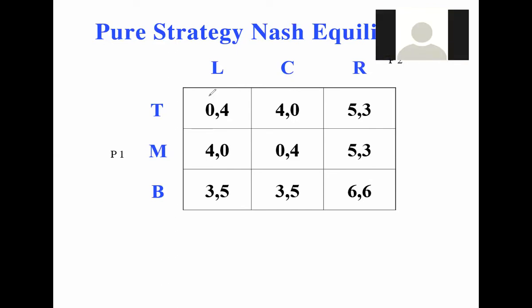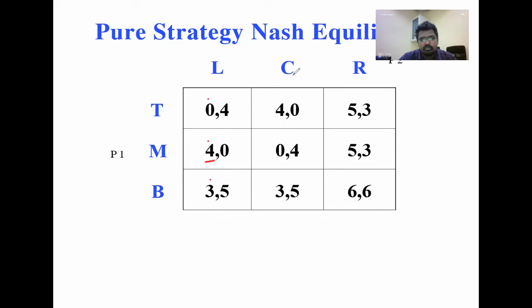M. Exactly. For player 1 it's M, because player 1 has these 3 options available, right? Now player 2 plays left, so player 1 has these 3, and out of that, middle, number 4, is going to be the highest payoff, right? If I don't provide specific instructions, always think the greater the payoff, the greater the number, the greater the outcome, the greater the utility, right?